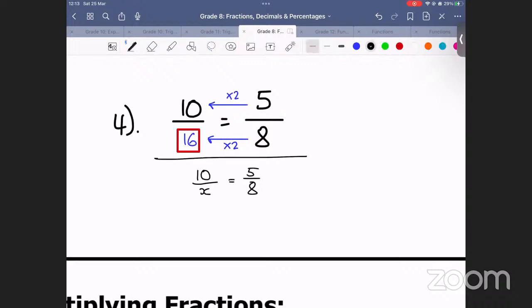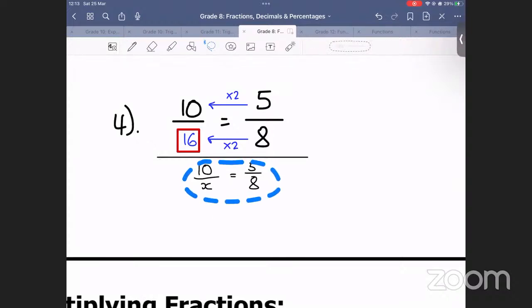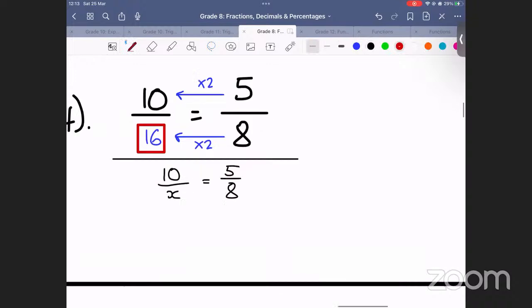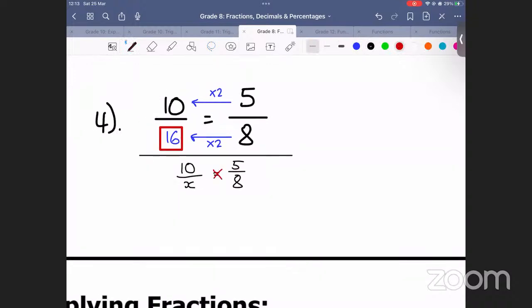Okay, let's look at the next one. We have 10/x is equal to 5/8. Again, I can cross multiply: bottom left times top right, top left times bottom right.